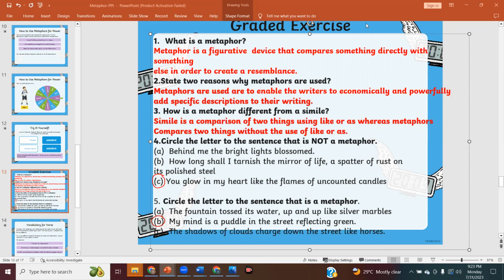Tenths means 1 decimal place, so you shouldn't have it to 2 decimal places. You understand that?